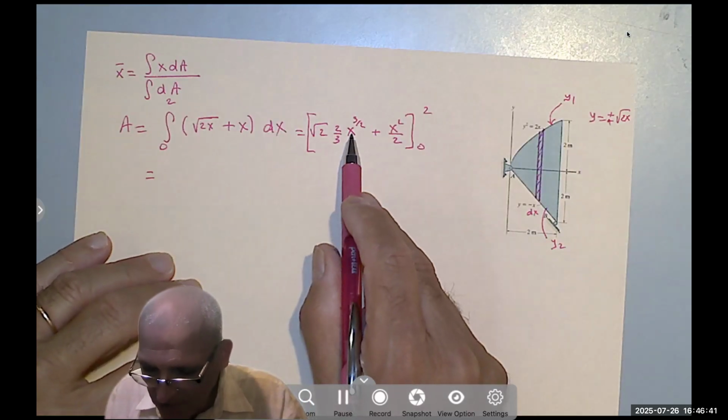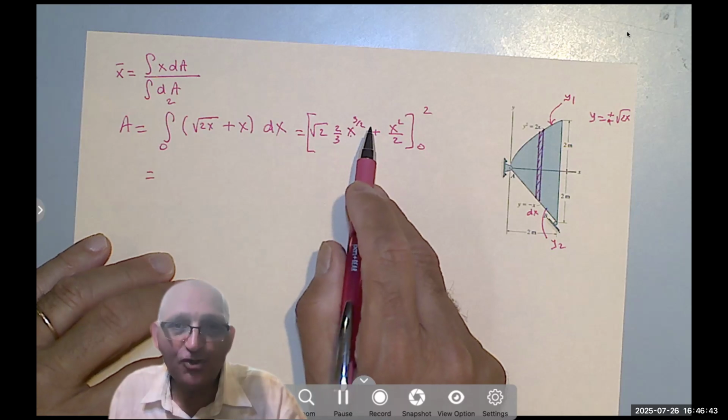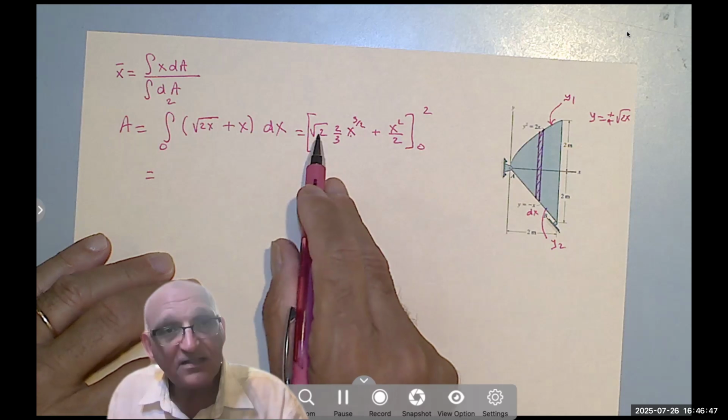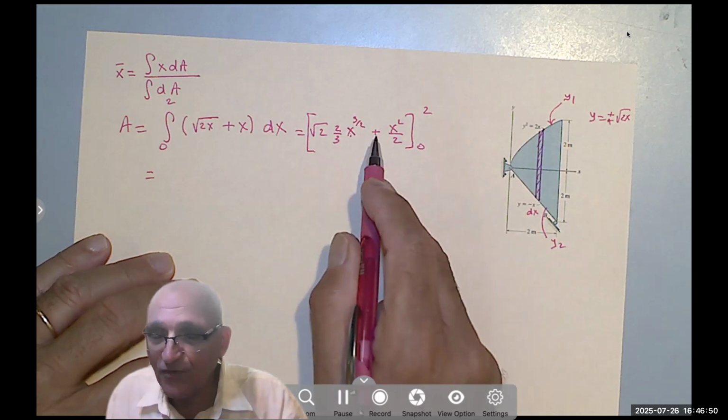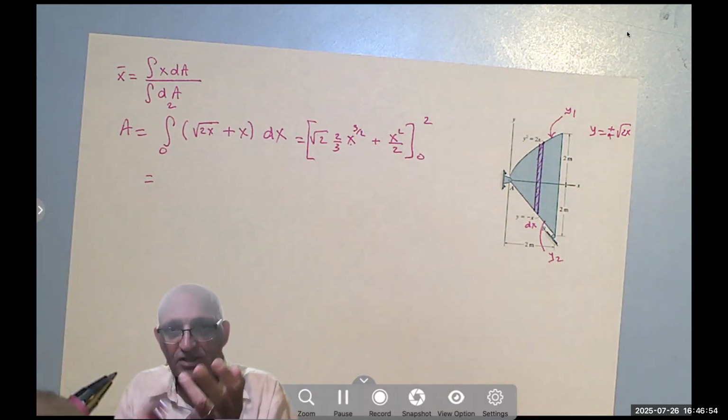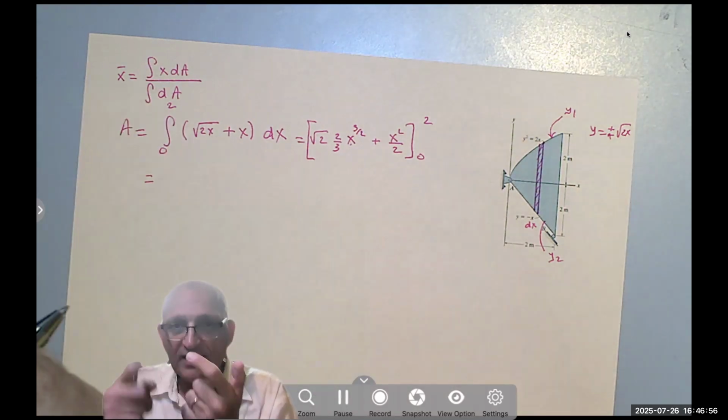X is 2. 2 to the 3/2, meaning 2 square root of 2, right? And there is another square root of 2 that would make it 4. And there is another 2, so that makes it 8. Root 2 times 2 times 2 times root 2.